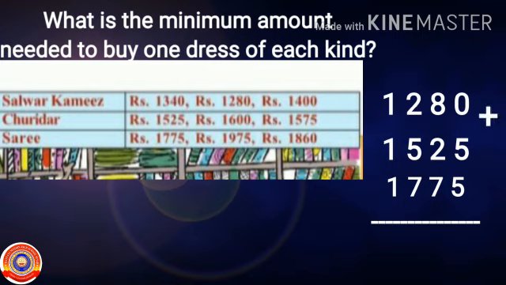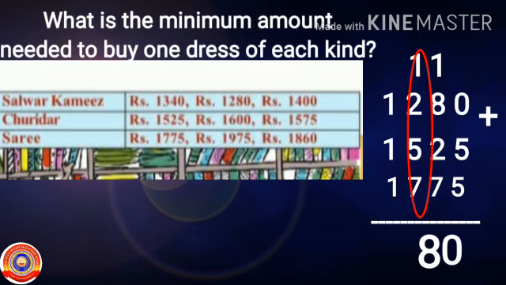Add together 1,280 plus 1,525 plus 1,775. 0 plus 5, 5. 5 plus 5, 10. For 10, 0 here, 1 is to be carried in the tens place. 8 plus 2, 10. Plus 7, 17. Plus 1, 18. For 18, 8 here, 1 is to be carried in the hundreds place. 5 plus 2, 7. 7 plus 7, 14.